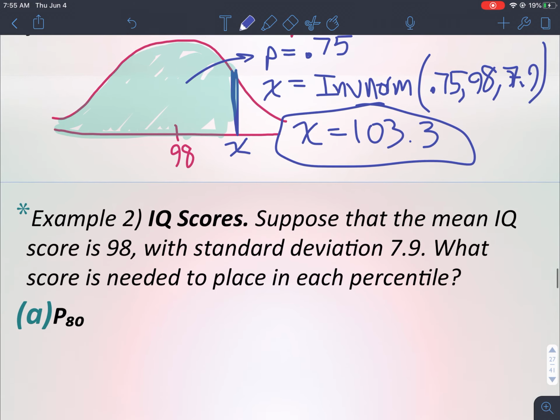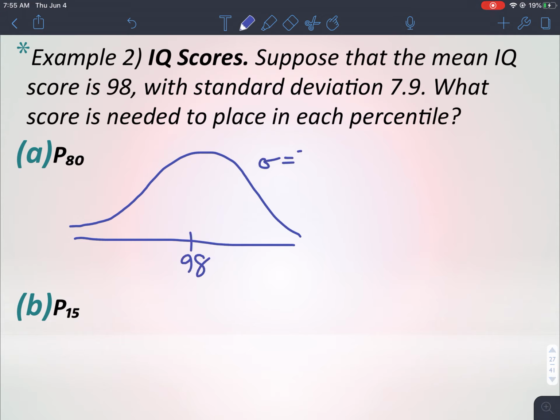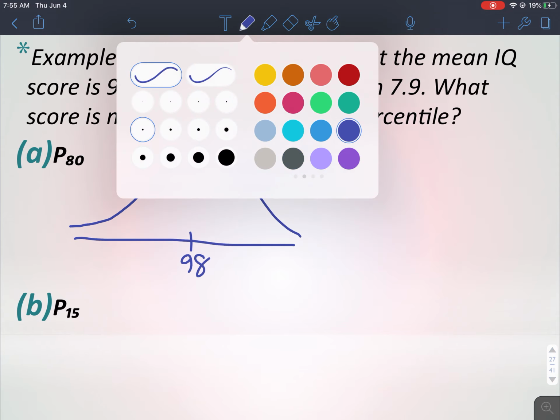All right, next question. Suppose that the mean IQ score is 98 with a standard deviation 7.9, so same parameters. What score is needed to place in the 80th percentile?